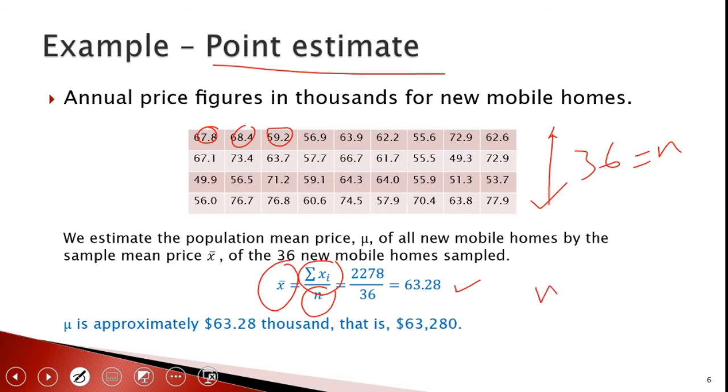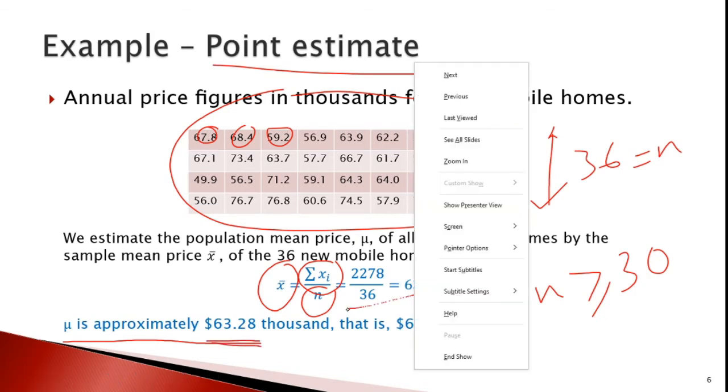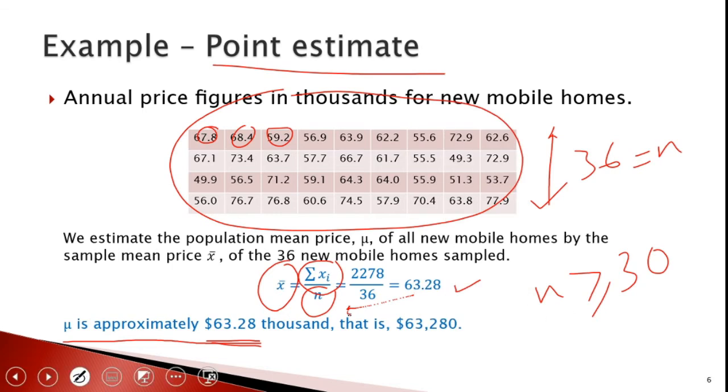Since my n is greater than or equal to 30, I can approximate this as normally distributed. So mu is approximately this much, which means this value, 63.28 thousand.